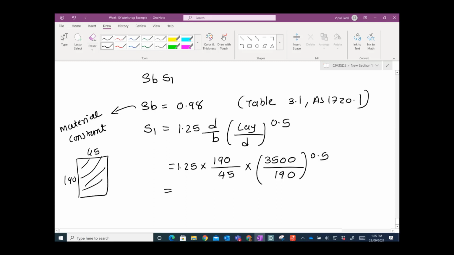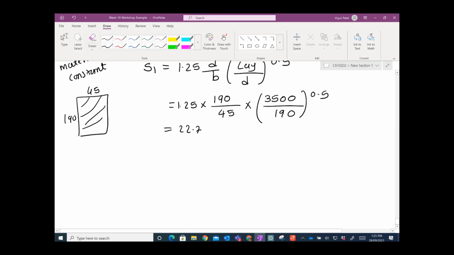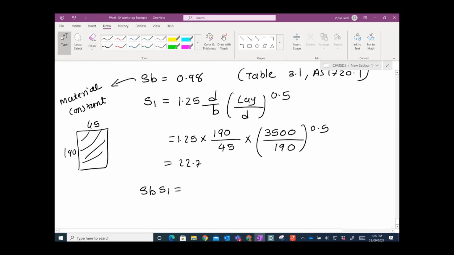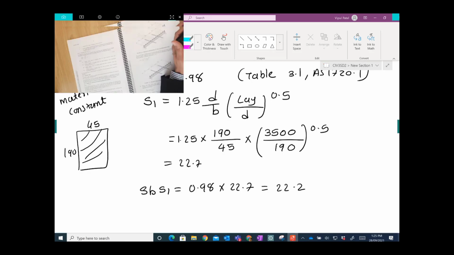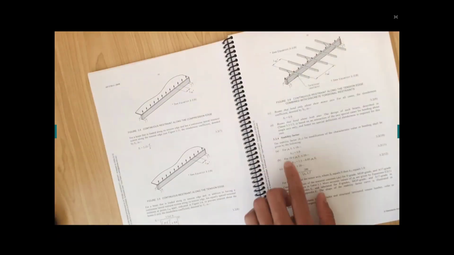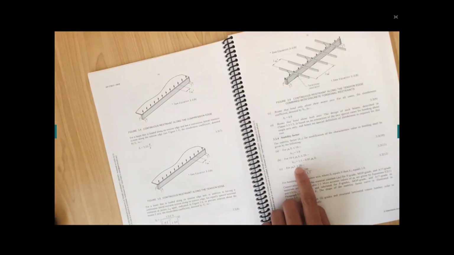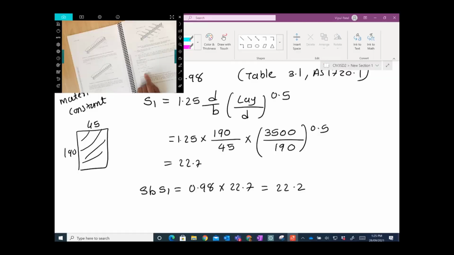You get 22.7 for S1. So let's do rho B times S1, where rho B was 0.98 times 22.7, you get 22.2. Let's check this one. If you have rho B S1 less than 10, not here, we will be in this zone. In this zone we will have lateral torsional buckling.